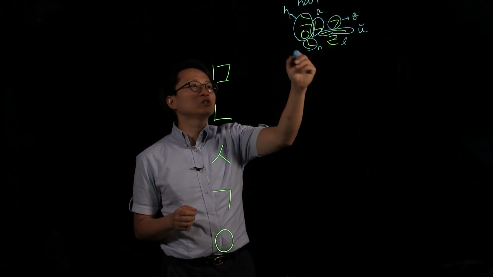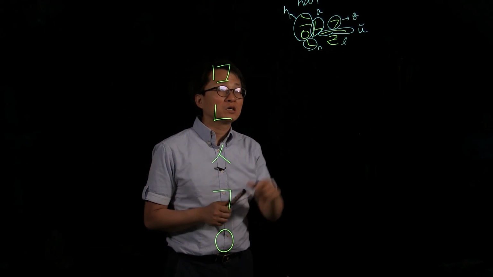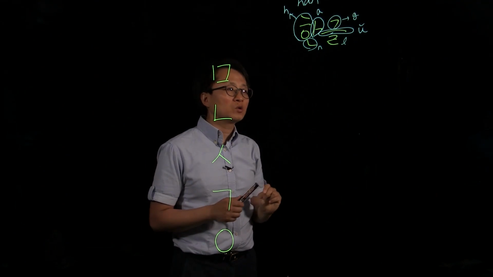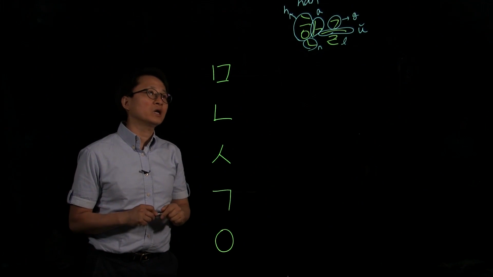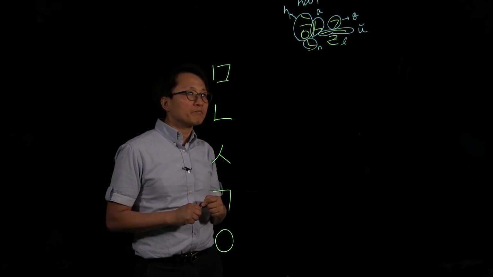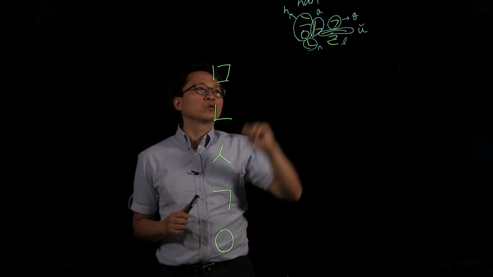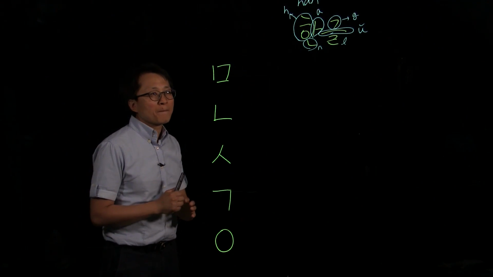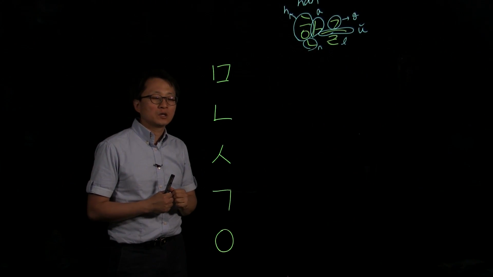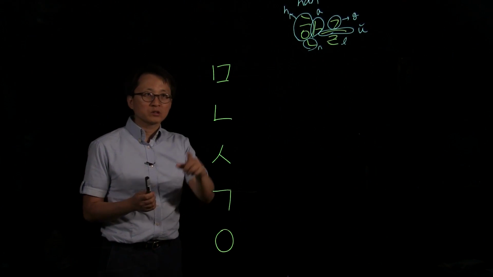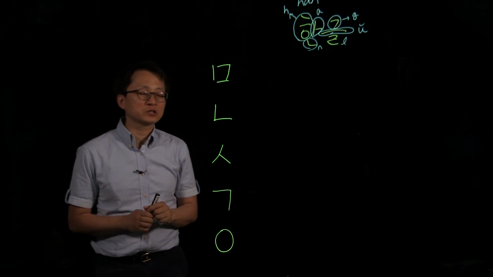So we call each unit a syllable block. So we have 2 syllable blocks here. Hangul. Okay. So since we already know those vowels, we need to learn consonants so that we can make syllable blocks.